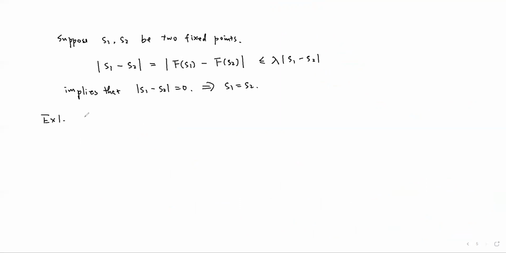Example: use the theorem to show that the following sequence has a limit. The sequence is initially x0 equal to negative 15. Then x(k+1) is equal to 3 minus 1/2 absolute value of xk, for k greater than or equal to 0.